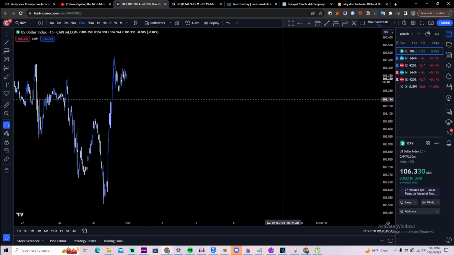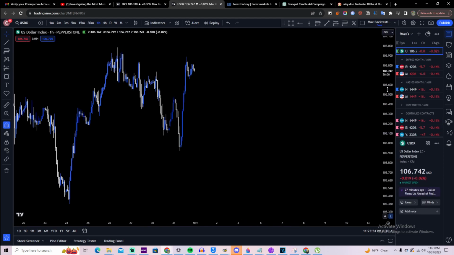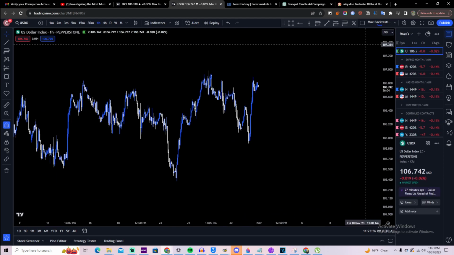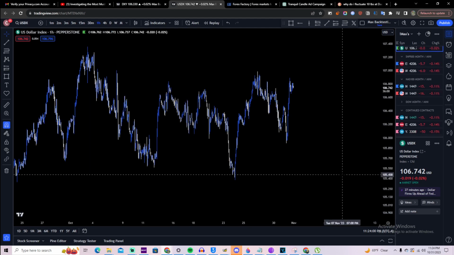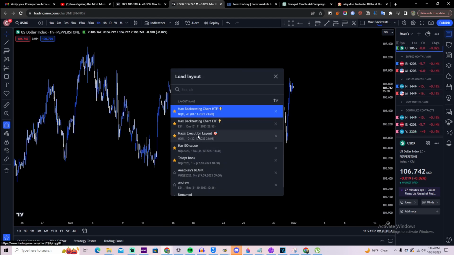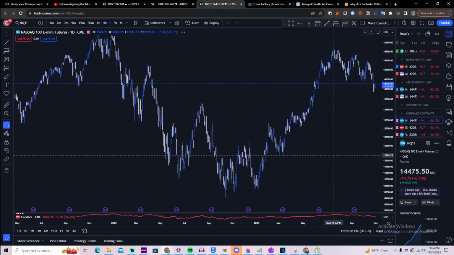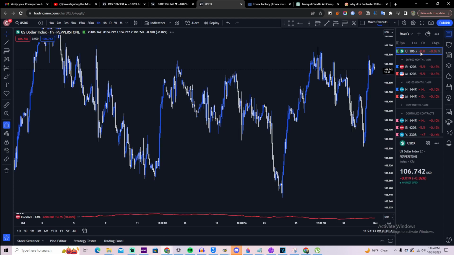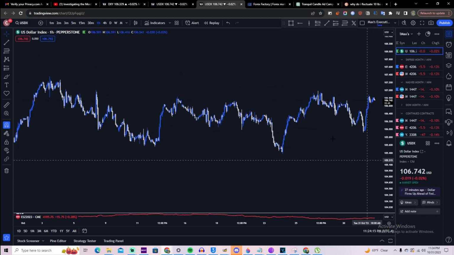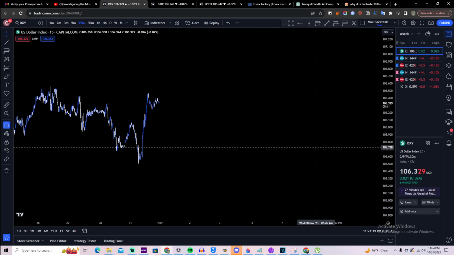Let's go ahead and also take a look at the US dollar index here. Give me a second. Wait, what chart did I mark that up on? My execution chart? Okay, I don't know where I marked.